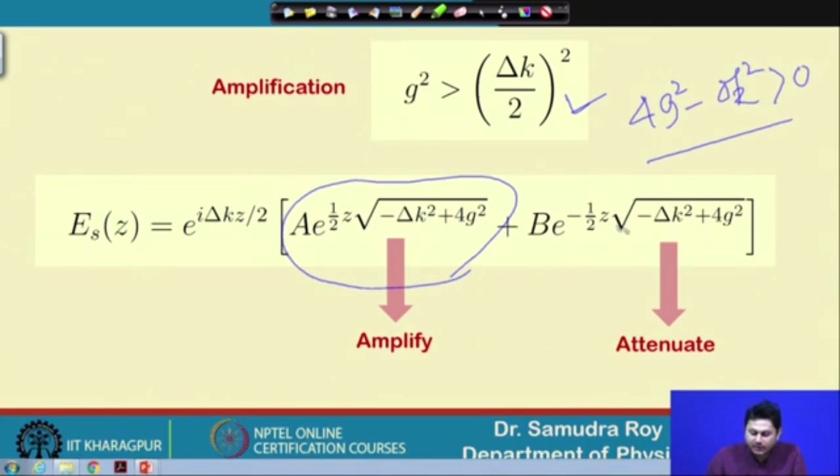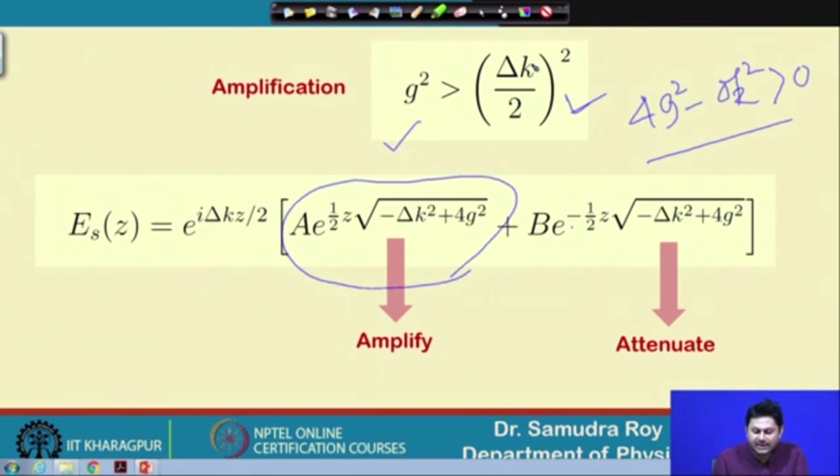This other term, however, because of the negative sign, is going to die out. So, this will attenuate, but I am not going to bother about this attenuating term. The important thing is some portion of the field is amplifying. So, the condition of amplification under delta k not equal to 0 is this, which is important.